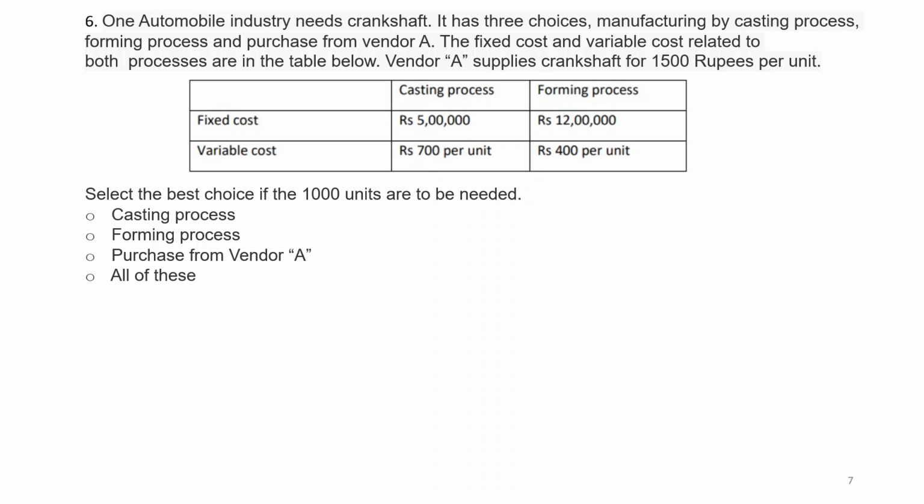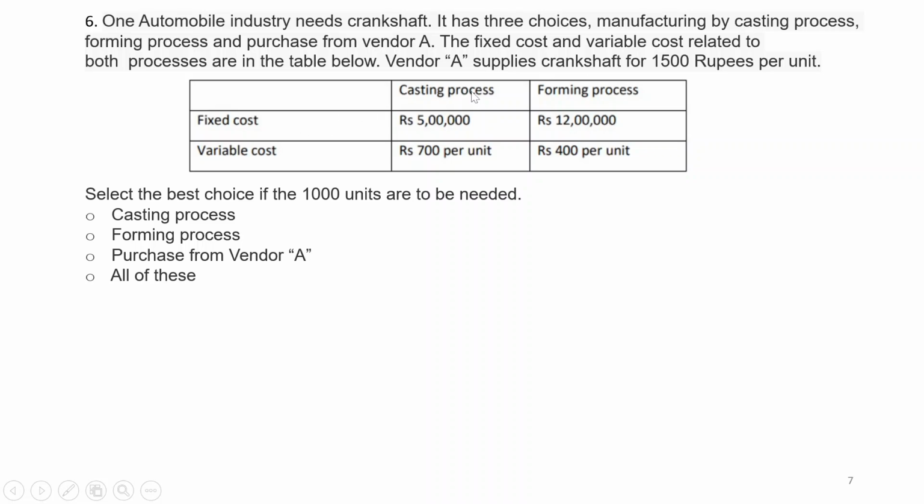The manufacturing can be by casting process, forming process, or purchase from vendor A. So you can either directly purchase these units, or use casting or forming process. The fixed cost and variable cost related to both processes are in the table below, and vendor A supplies the crankshaft for 1500 rupees per unit. So you have to find out the total cost for all these three methods.